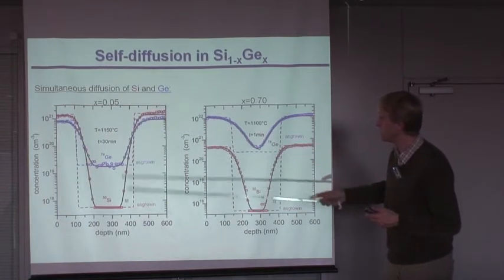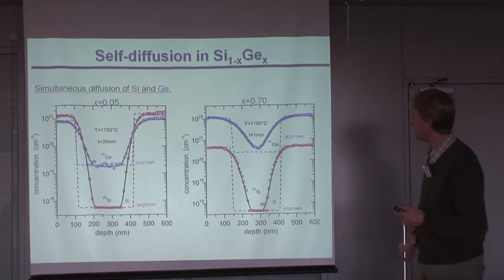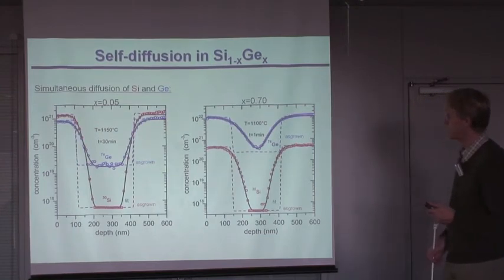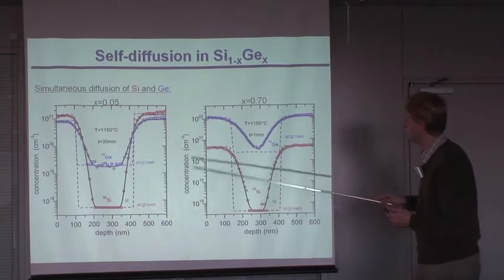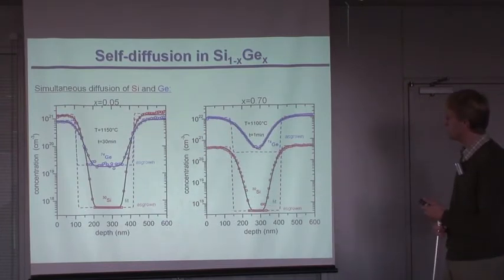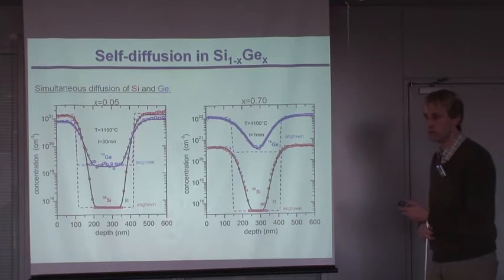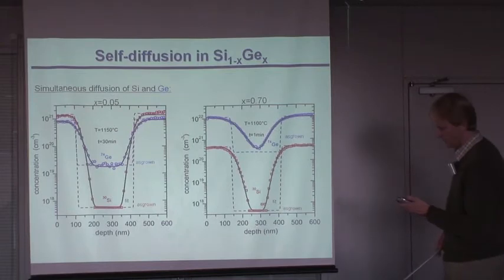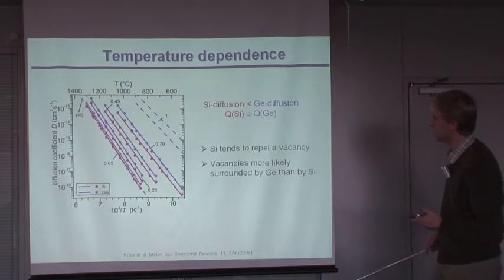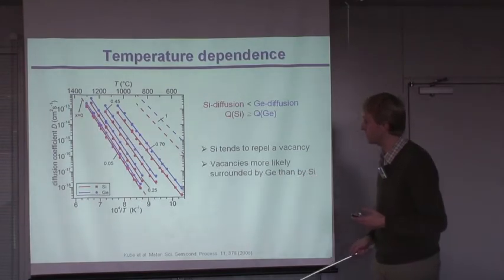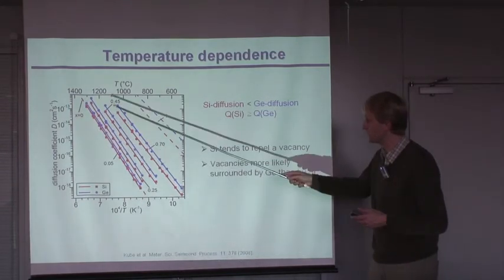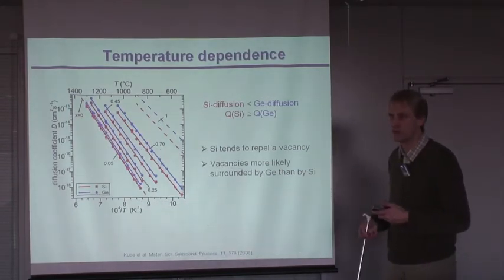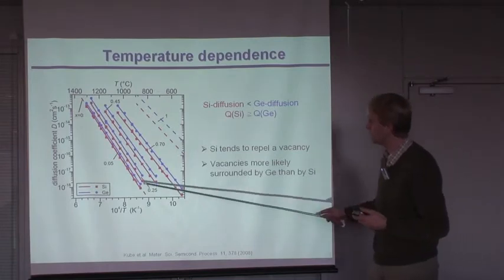Here for 5% germanium, here on this side for 70% germanium. You have nice profiles which can be very well described with a solution of Fick's second law for self-diffusion, and the solid lines are here the best fits, and based on that you can determine the diffusion coefficient. And as usual, the diffusion coefficients are always illustrated as a function of the inverse temperature, which is shown here.